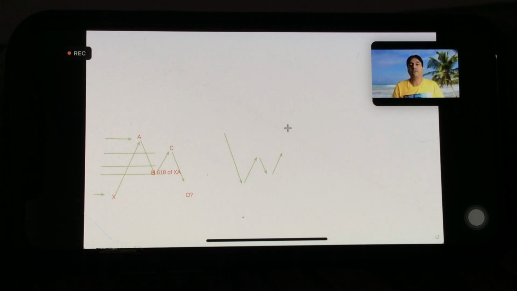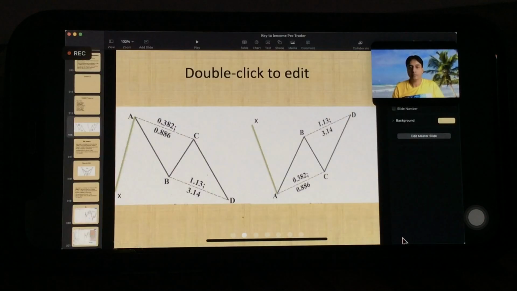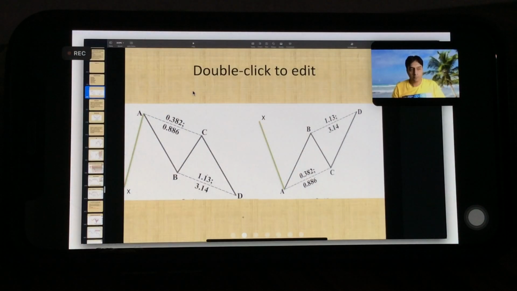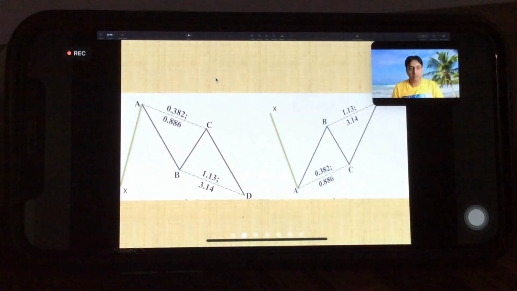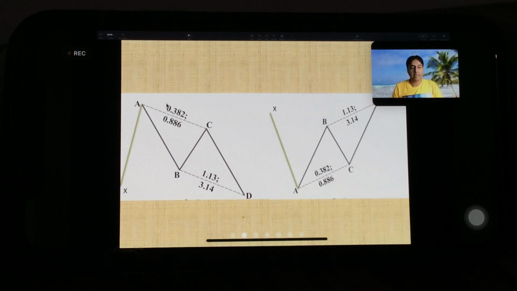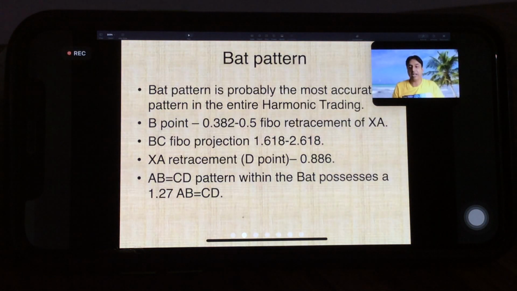So it's a W formation. So X, A, B, C, D: M pattern and W pattern. This is the first step in any pattern, right?